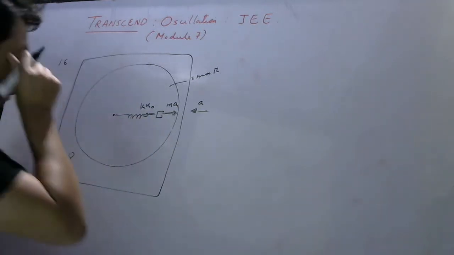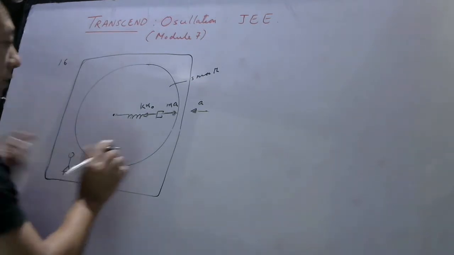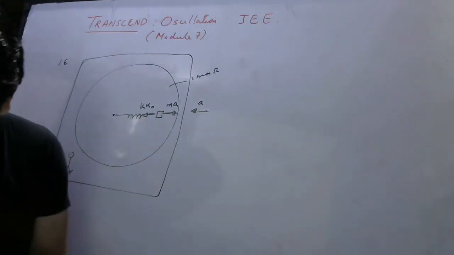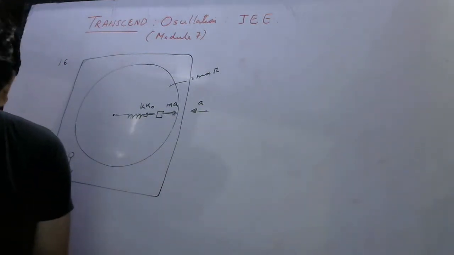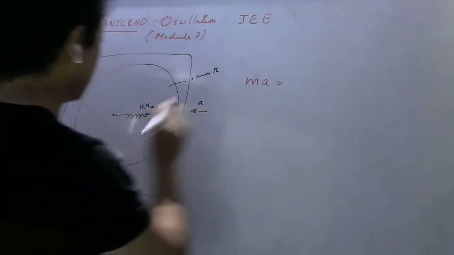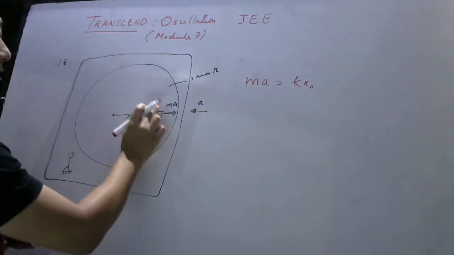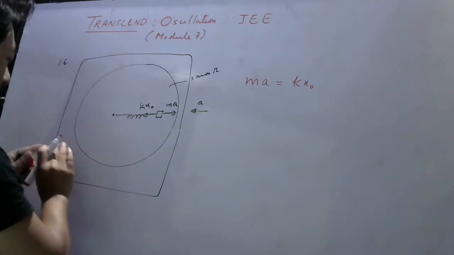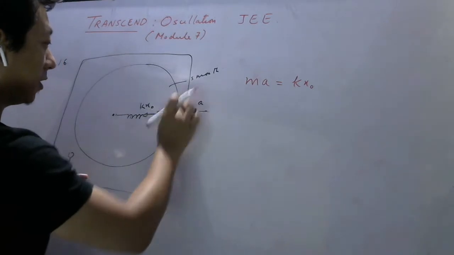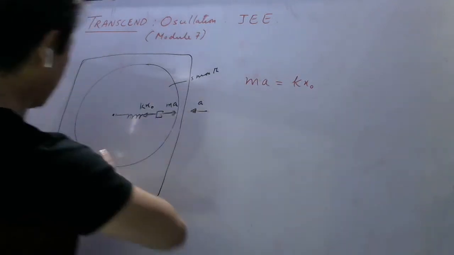So either way, if you observe this block from the test vehicle frame, the pseudo force ma will balance the spring force k x naught, because in his frame there is no acceleration, so net force should be 0. But since he is in a non-inertial frame, there will be a pseudo force opposite to the acceleration of the observer.